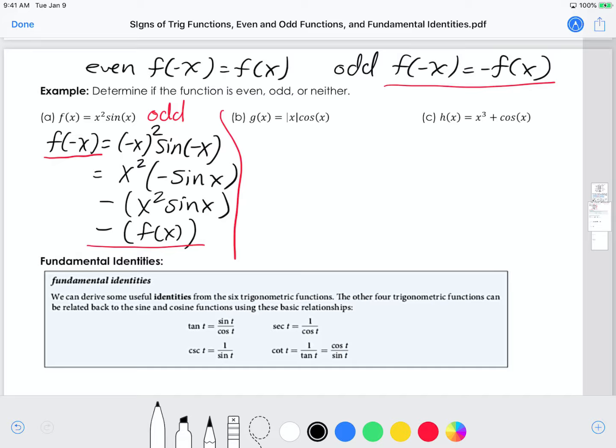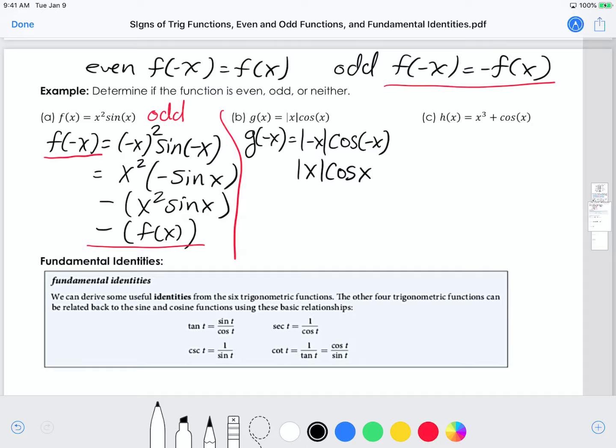Looking at example B, I'm going to replace my x with negative x. If I take the absolute value of negative x, that's still going to be equivalent to the absolute value of positive x. Those are the same. Cosine of negative x is still equivalent to cosine of x because cosine of x is an even function.